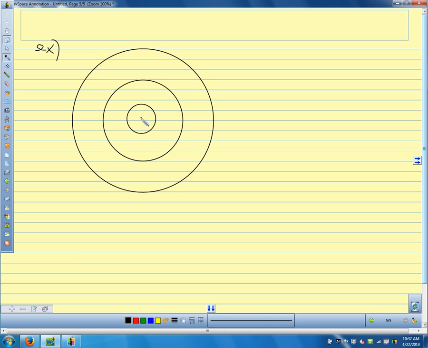We're going to say the radius of the smallest circle is 2 inches. The radius of the second smallest circle, and we're talking about the entire radius, not part of it, the entire radius of this one is 4 inches, and the radius of the big circle here is 8 inches.